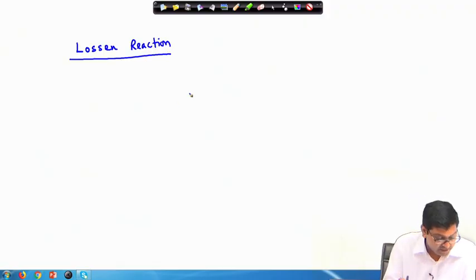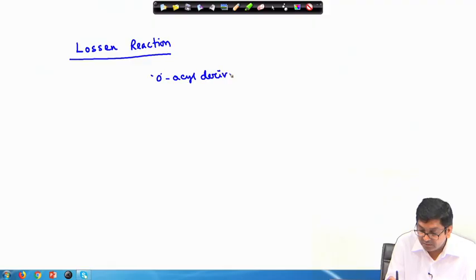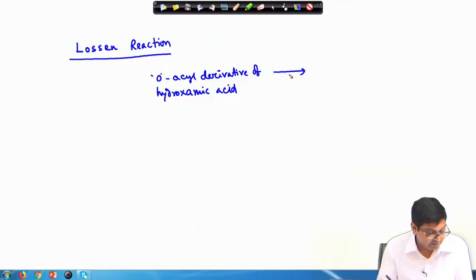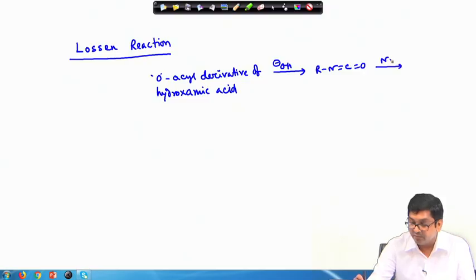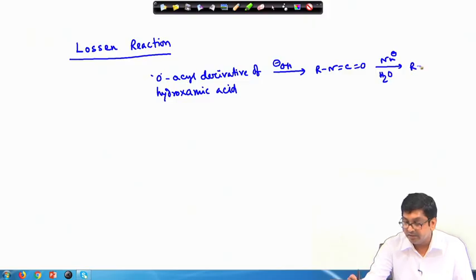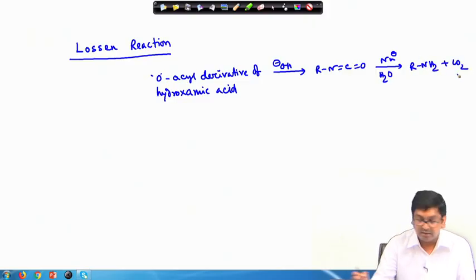So, as per example here, if we take this O-acyl derivative of hydroxamic acid, okay, that will give, in presence of base, the corresponding isocyanate through this 1-2 migration, okay, and finally, in presence of various nucleophiles like water here, this will give the amine plus carbon dioxide.